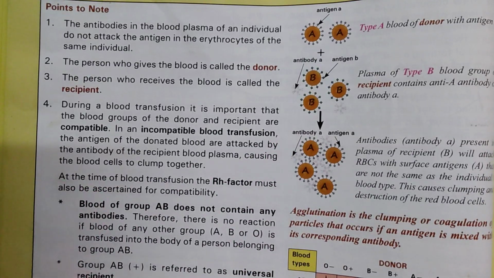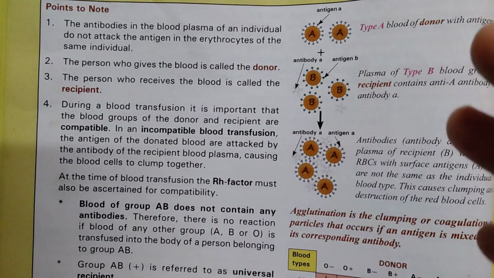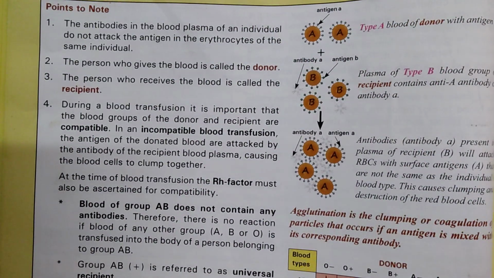This will cause the blood cells to clump together, a kind of clotting occurring inside the body. So obviously the blood flow will be obstructed and hence the person will die.